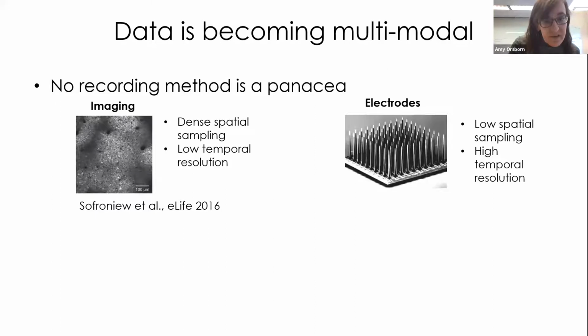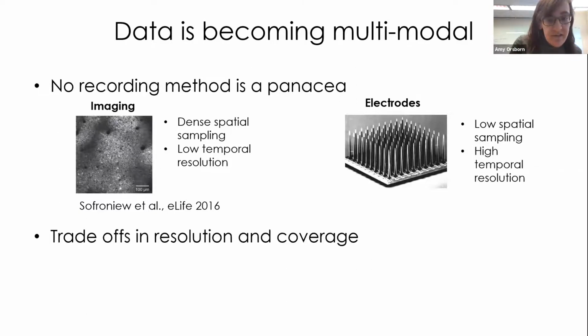They all have pros and cons. For instance, imaging gives us really dense spatial sampling, but comparatively low temporal resolution. With electrophysiology, we get the inverse: low spatial sampling, but really high temporal resolution. So there are always going to be many trade-offs in this spectrum.